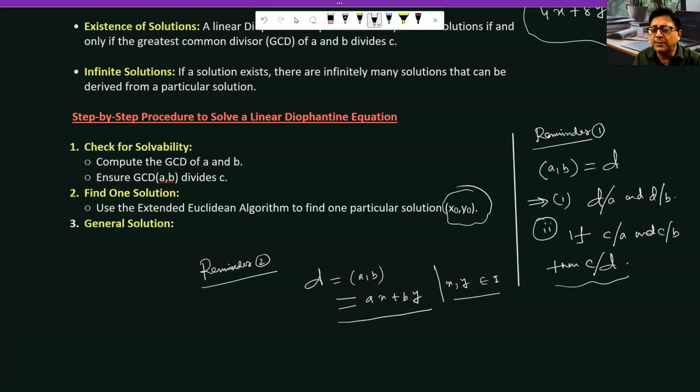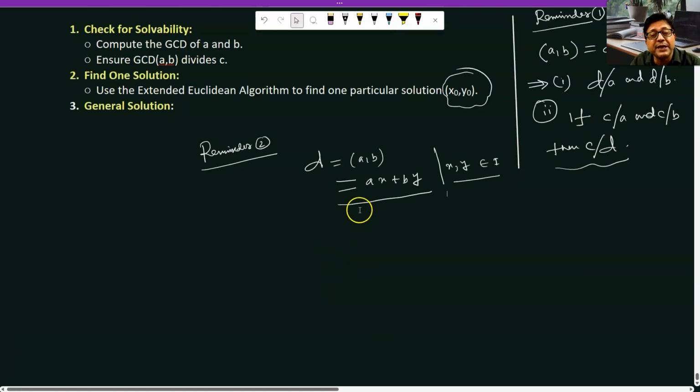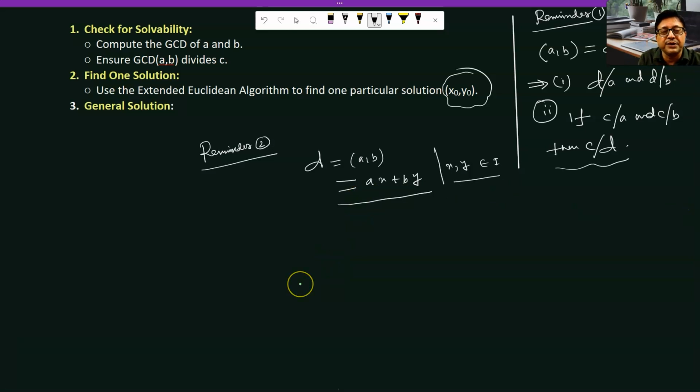Those who don't know this symbol, just remember x, y are integers. The GCD of two integers a and b can be expressed as a linear combination of these two.